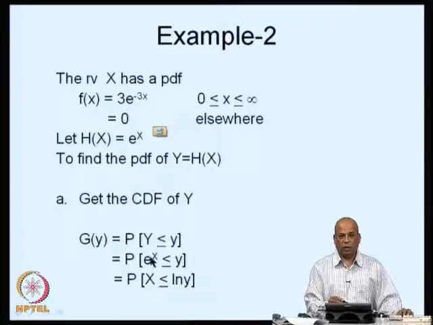So, we write this as e to the power x less than or equal to y, and by taking the logs we write this as probability of x being less than or equal to log y.